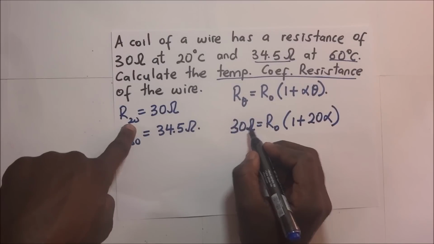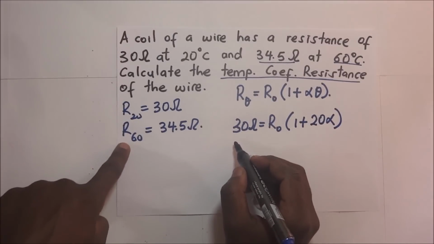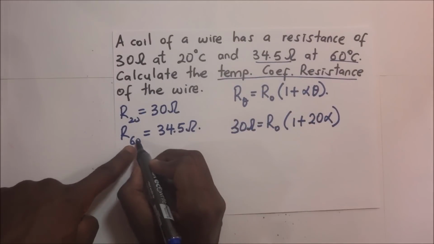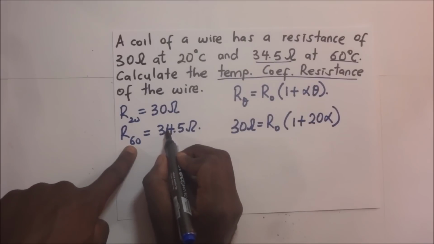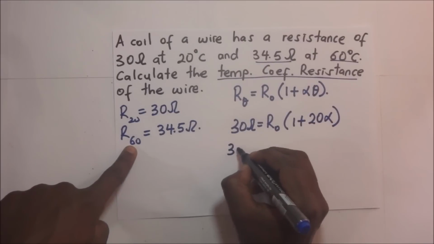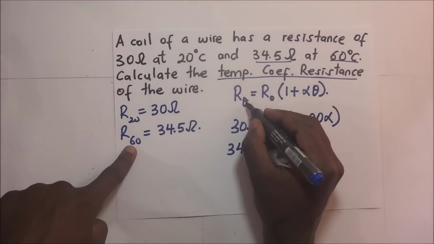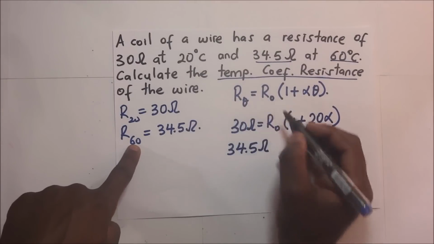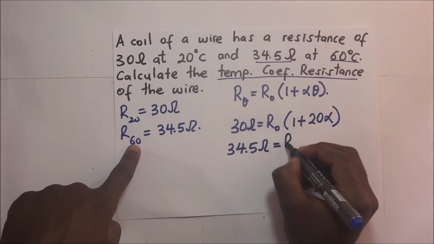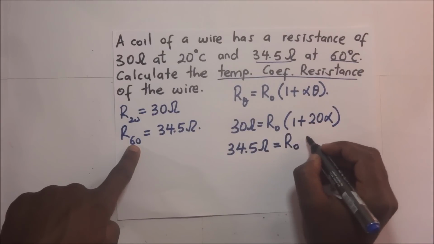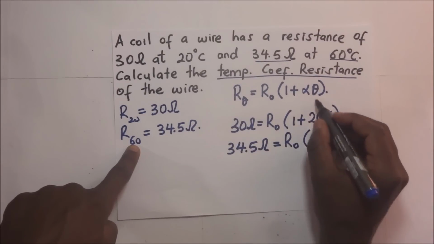So we go ahead and substitute this expression. We know that the resistance at 60 degrees Celsius is 34.5 ohms, which is going to be equal to the resistance at 0 degrees Celsius into 1 plus alpha theta.